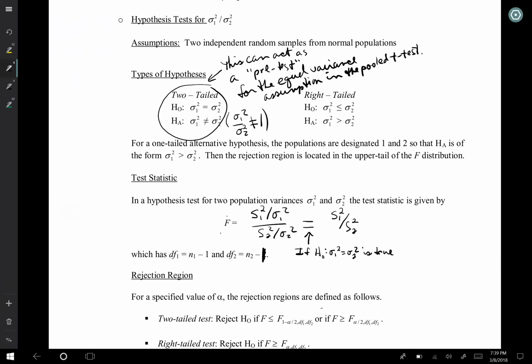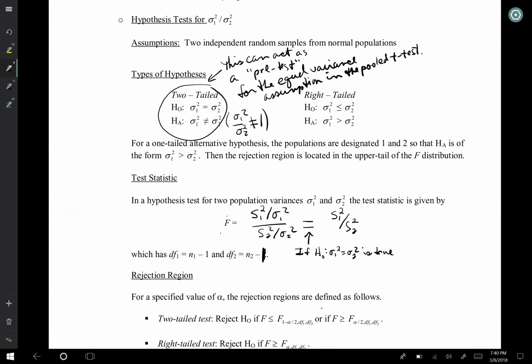You could make a left-tailed test, and some books have a left-tailed test with sigma 1 less than sigma 2. But really, you could just switch what you're calling 1 and 2, and then a left-tailed test would become a right-tailed test, as long as the sample variances are ordered so that one sample variance is larger than the other.